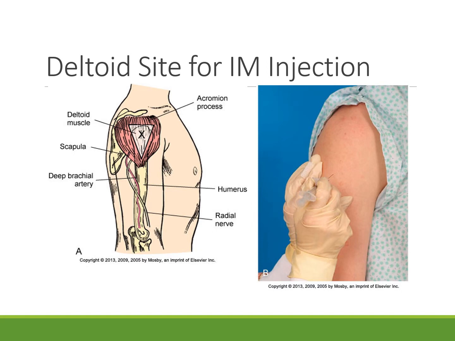Now the question is, how are you going to locate the deltoid muscle? Ang landmark natin dito is the acromion process. Acromion process, this is the bone that is above your shoulder. Just measure 3 to 4 fingers from the acromion process, and after that you have already located the deltoid muscle.